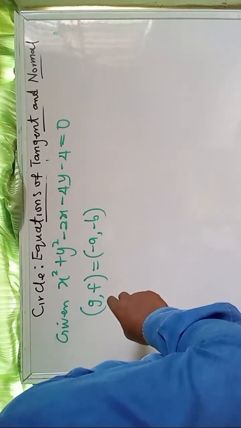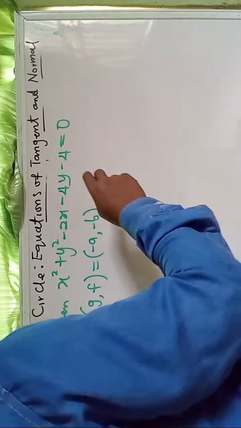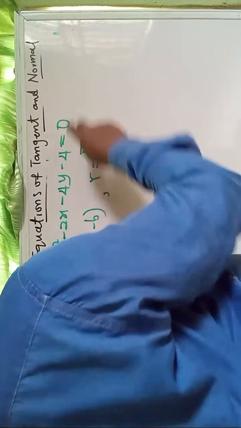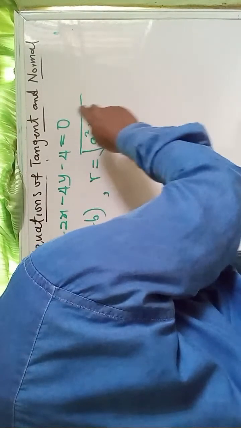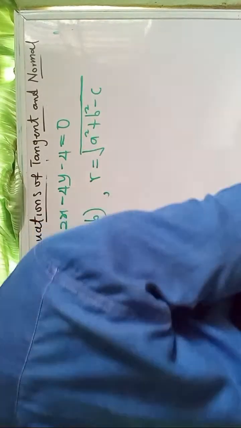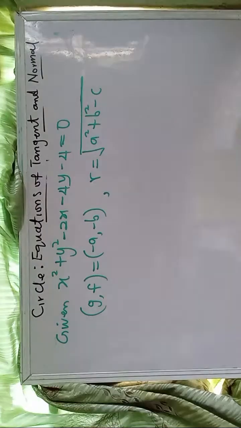We can also get the radius r from this equation, square root of a squared plus b squared minus c.